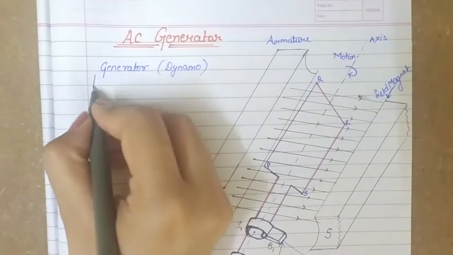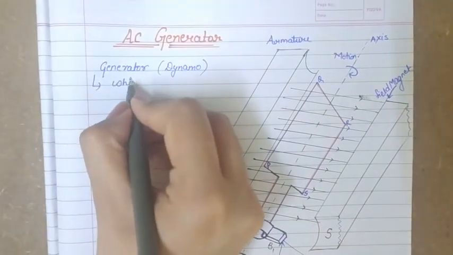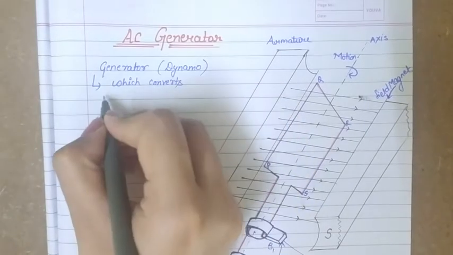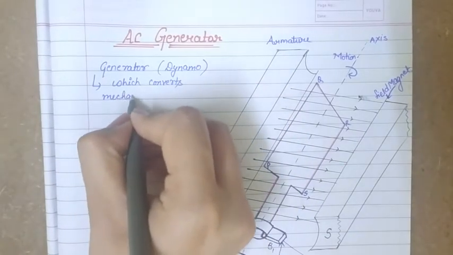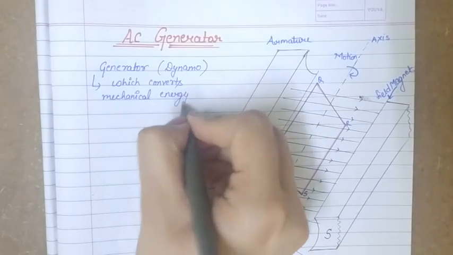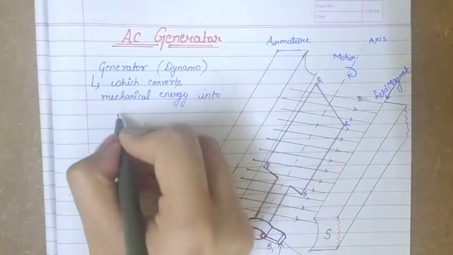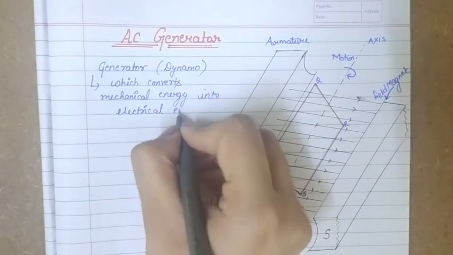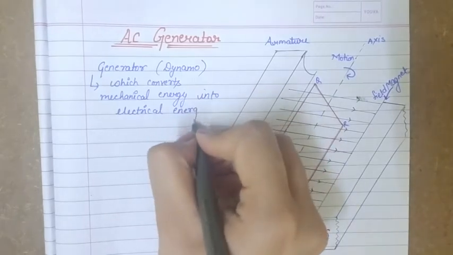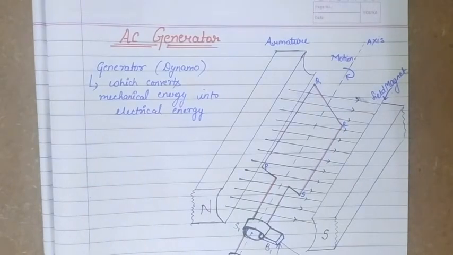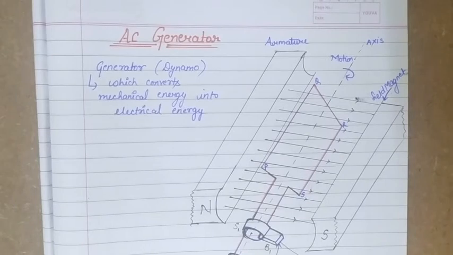So generator is a device which converts mechanical energy into electrical energy, or we can define it as a device which can generate electrical energy by using mechanical energy. So using mechanical energy, it can generate electrical energy, because it is converting mechanical energy into electrical energy.